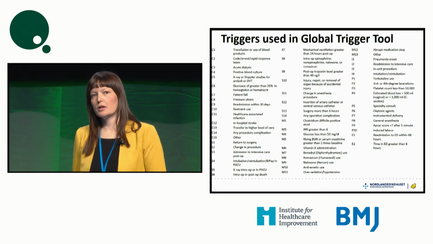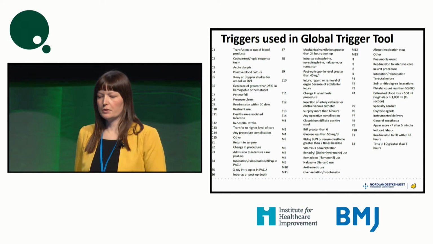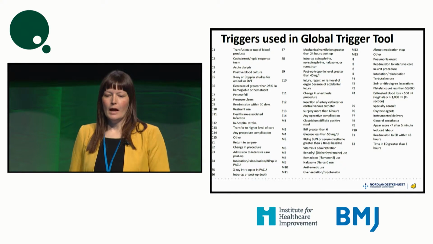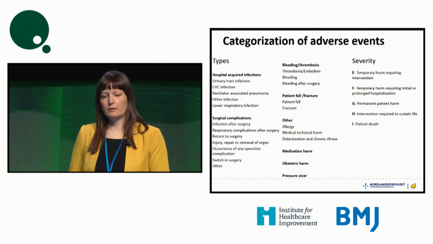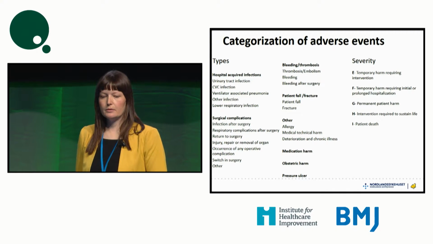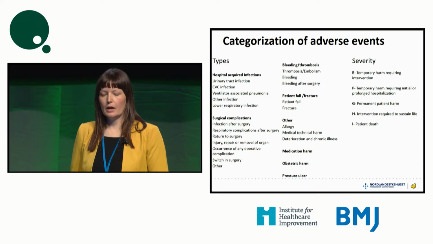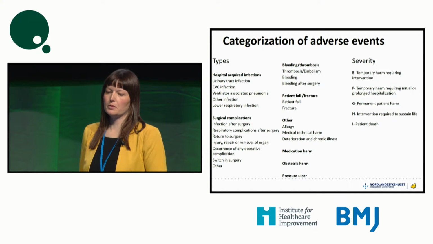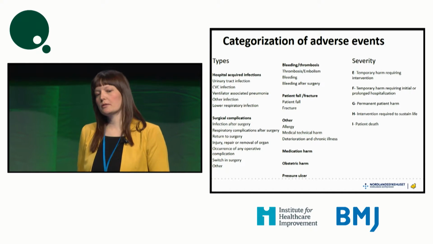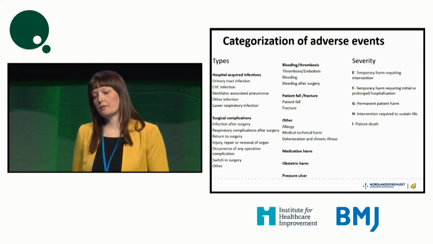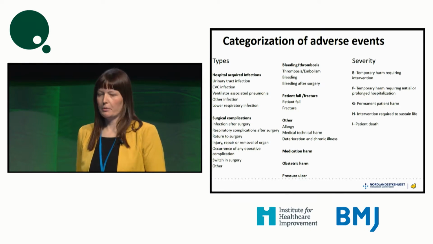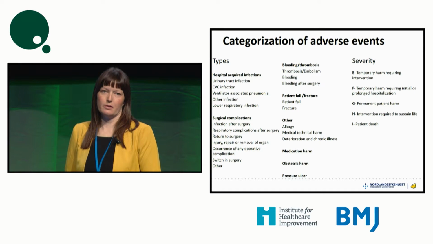These triggers could represent an adverse event. If they find an adverse event, they categorize it by type and by severity level: whether it was just temporary harm requiring intervention, or more severe, with permanent harm, or it led to the patient's death.